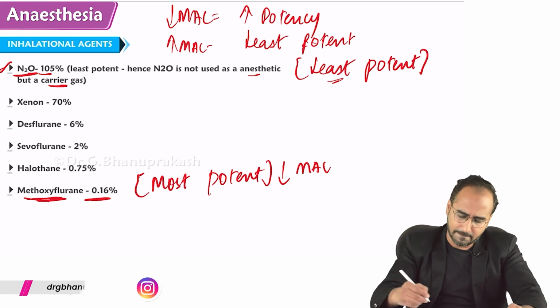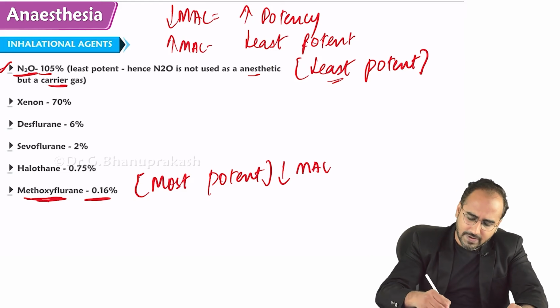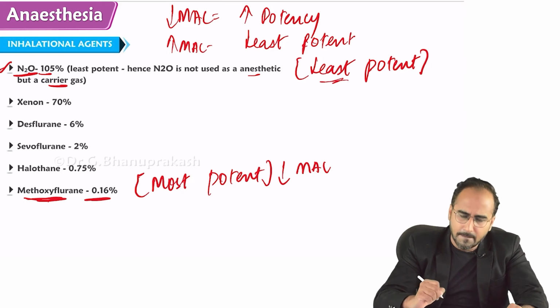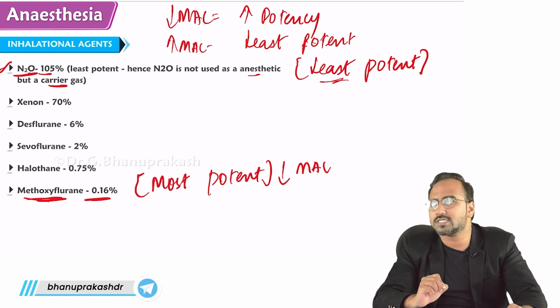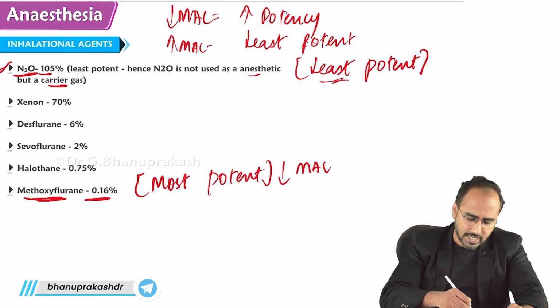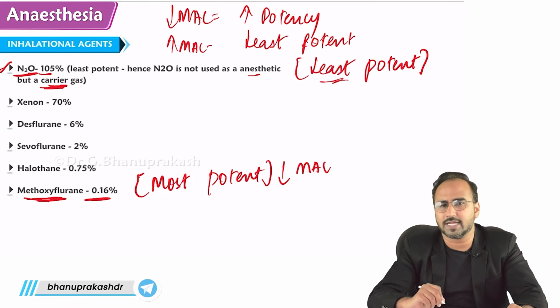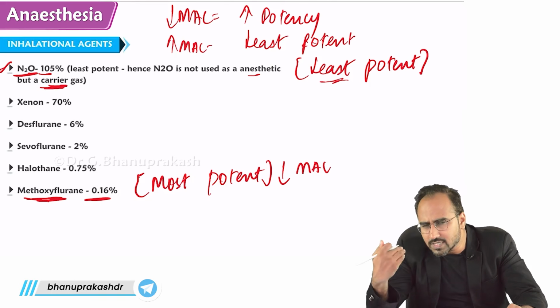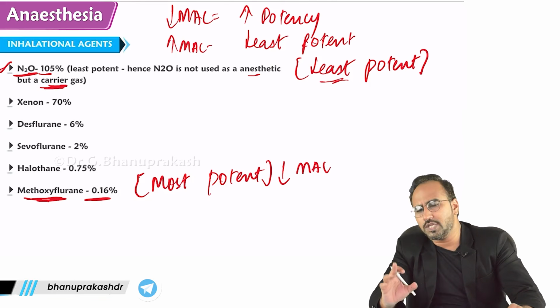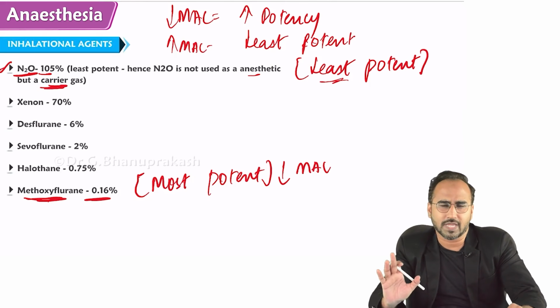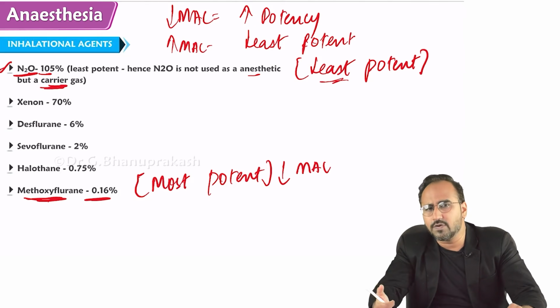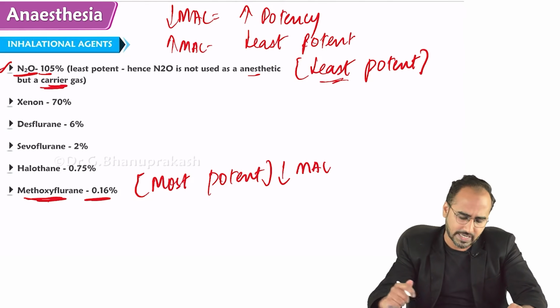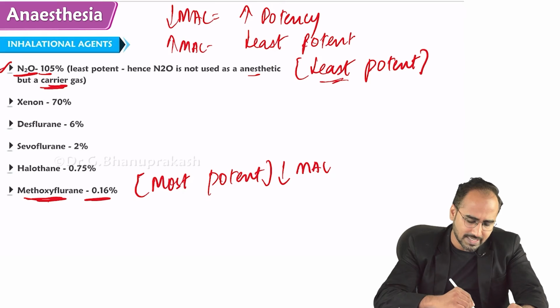Because of its high MAC value. It is always used as a carrier gas. With halothane, you always use nitrous as a second gas. With sevoflurane, we use nitrous as a second gas. So that's regarding the MAC.